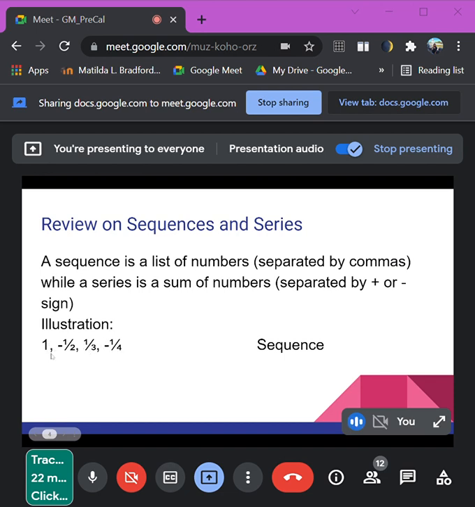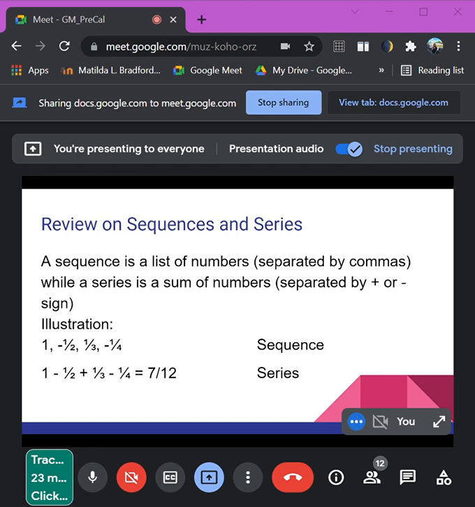As you can see, it is separated by commas, so it is a sequence, class. While if we are going to talk about series, it is separated by plus or minus sign. So we have here 1 minus 1/2 plus 1/3 minus 1/4 is equal to 7/12, in which you add the terms of your sequence.